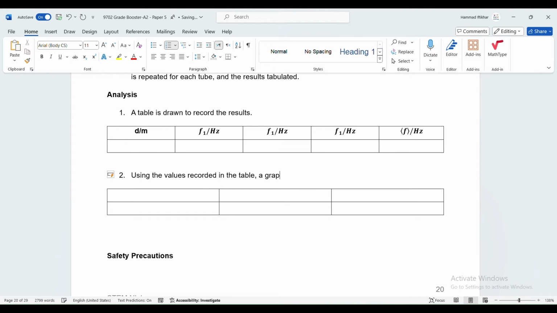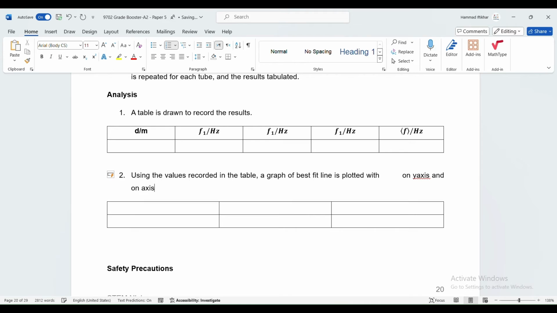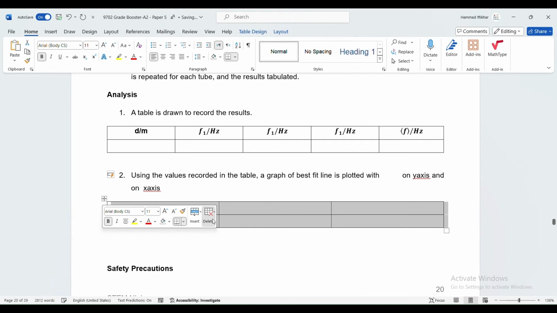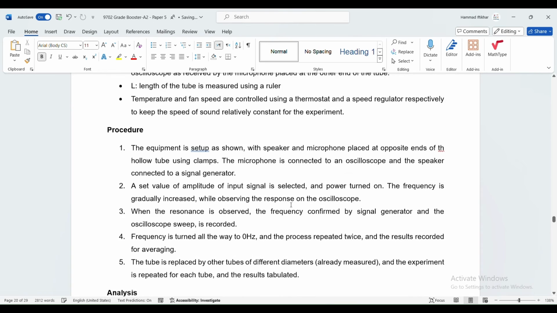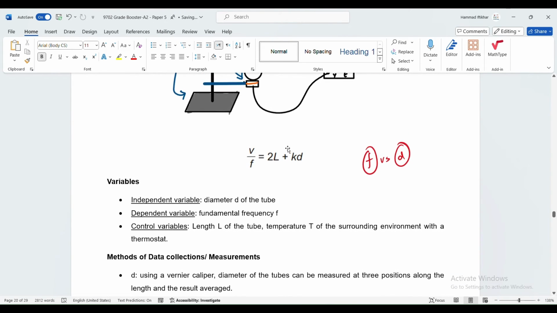A graph of best fit line is plotted with something on y-axis and something on x-axis. Now we basically have to figure out what is going to be on our x-axis and what is going to be our y-axis. So let's copy this over here.